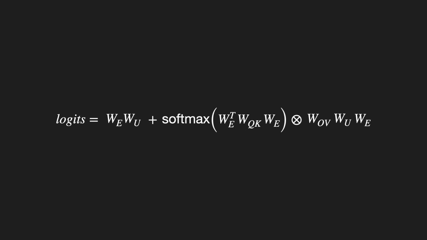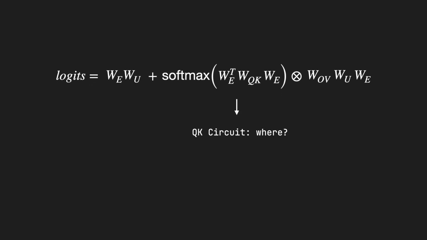So when you look at this and take a step back, you'll see that I have decomposed this into several different chains. And I've decomposed each path in there, the head path and also the direct path. And each part of this equation tells me something. The QK circuit tells me where, and the OV circuit tells me what.